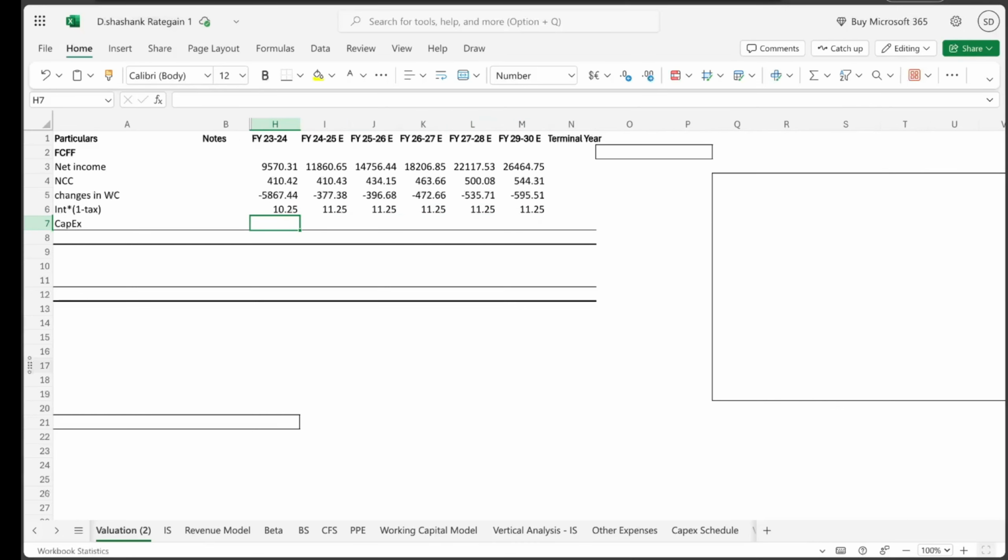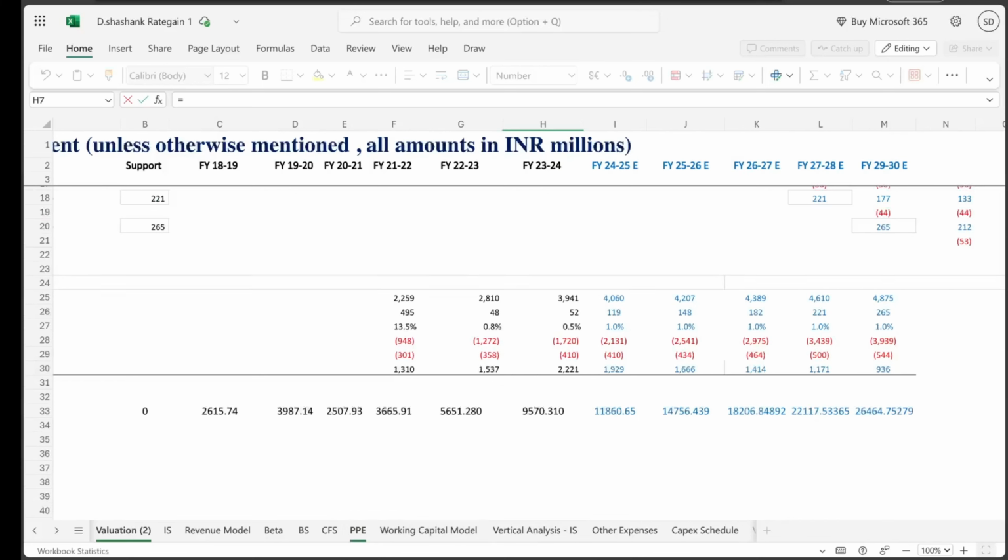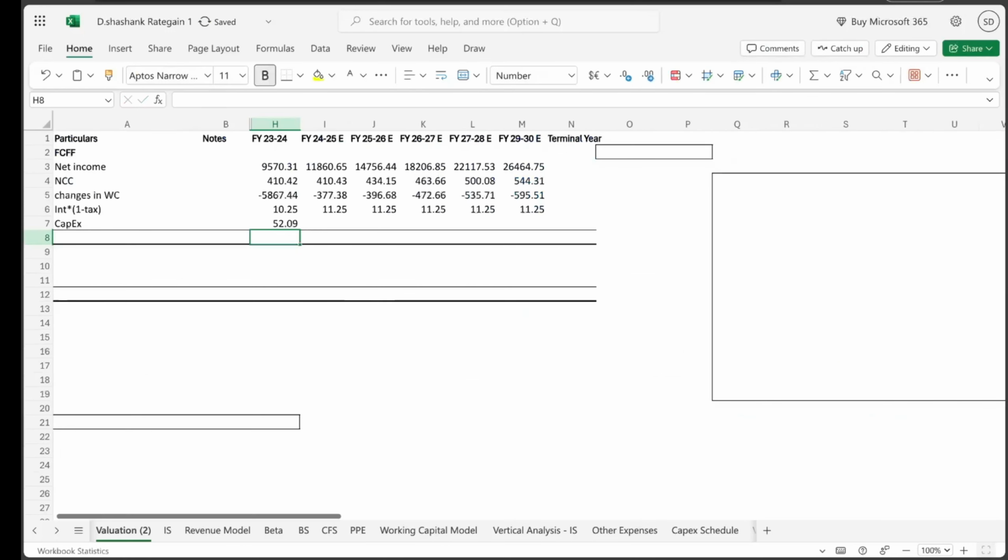And then capex. This is a SaaS business, so its main USP is that it doesn't need too much capex, because the whole business model is based on economies of scale. So that's why the capex numbers are relatively small.